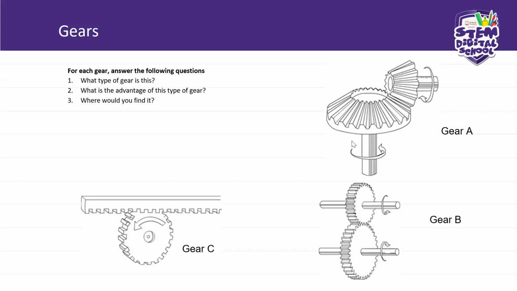You look at this bevel gear. Both these gears are rotating, but the bevel gears change horizontal circular movement to vertical circular movement, or vertical to horizontal circular movement.